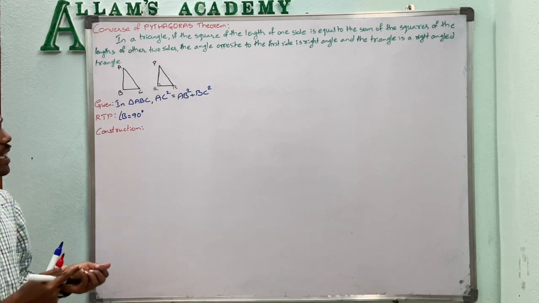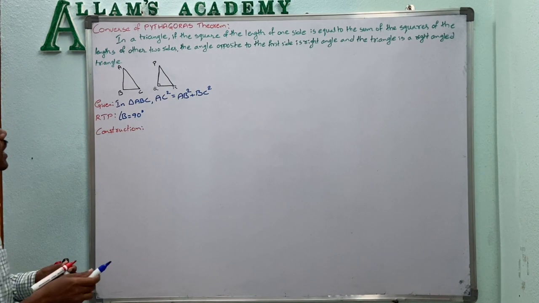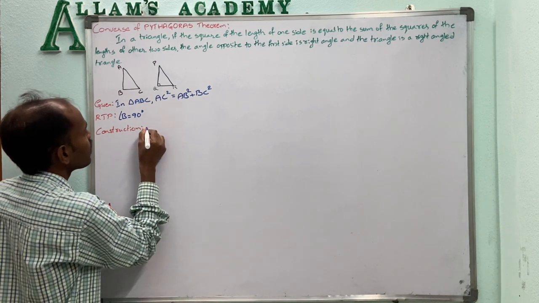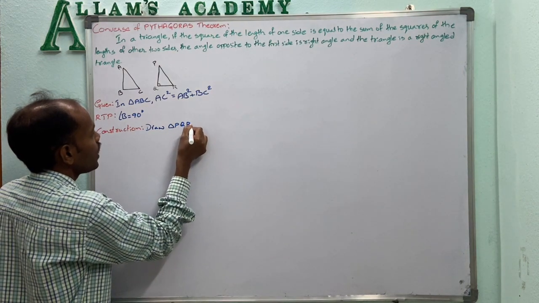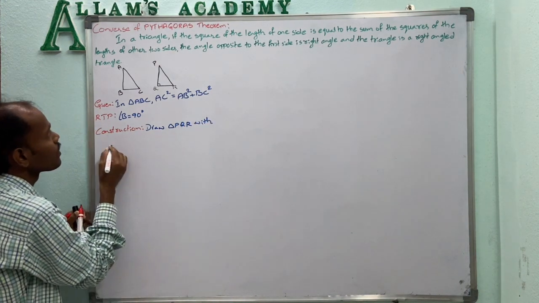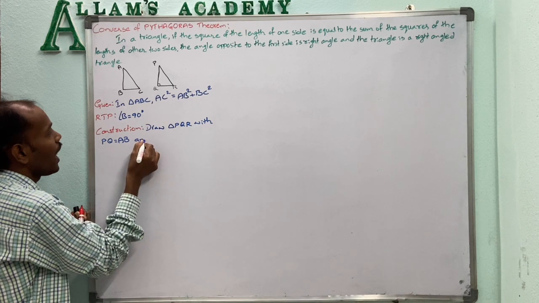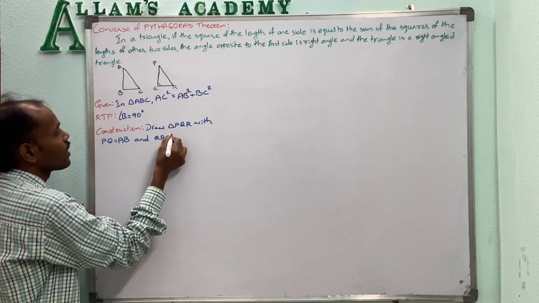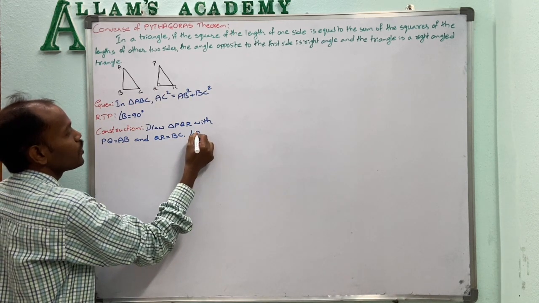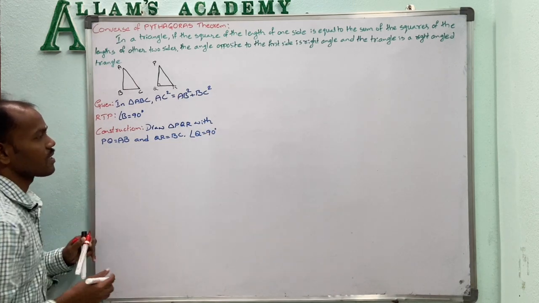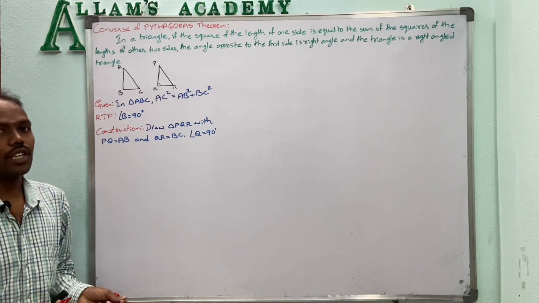Now in that triangle PQR, how did we draw it? AB equal to PQ. So draw triangle PQR with PQ equal to AB and QR equal to BC and angle Q equal to 90 degrees.